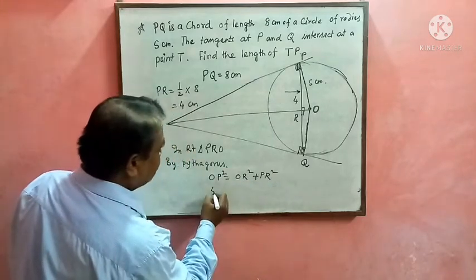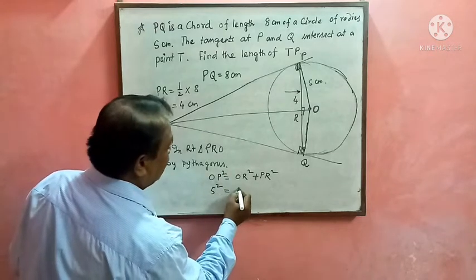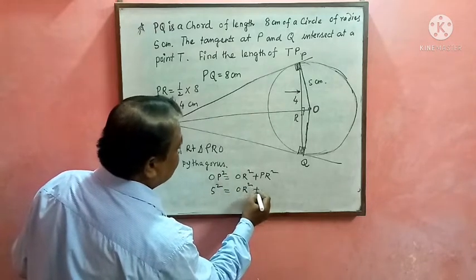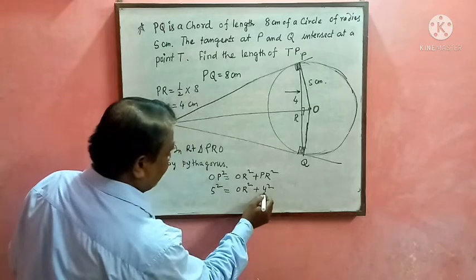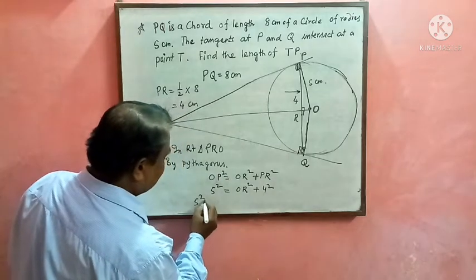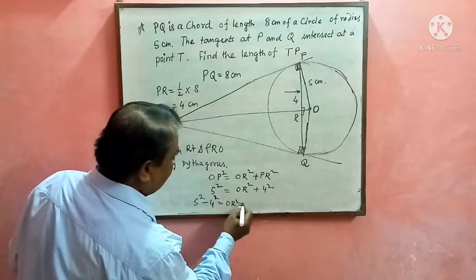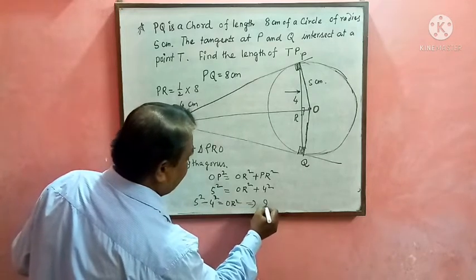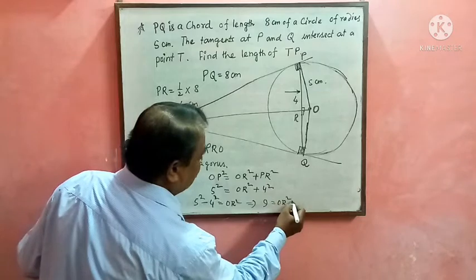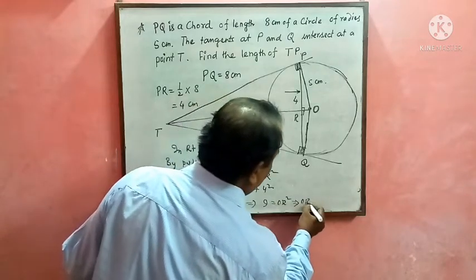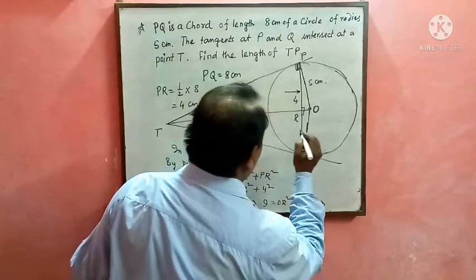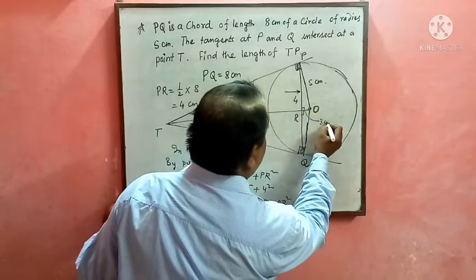Now we know OP is 5 square given. What we have to find out, here is your 4 square. If I take this side, this is 5 square minus 4 square is equal to OR square, and this is your 9, OR square is 9, OR is equal to 3 centimeter. Now we have got this is 3 centimeter, right?